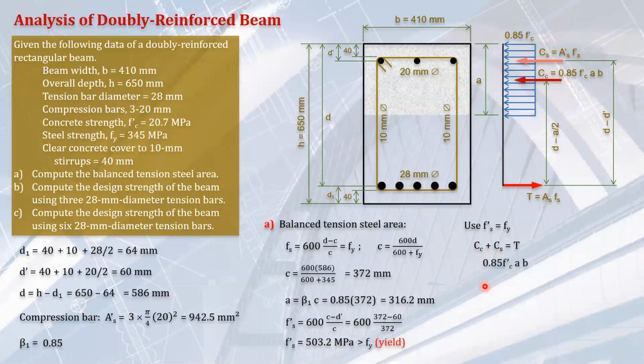Okay. Ito yung ating CC. CS natin is AS prime Fy. Na-prove na natin na mag-yield yung compression bar. Ang T natin ay AS balance times Fy. Ang after tayo sa AS balance. Okay? So yun. Subject na lang yung formula, values nila, masosolve natin yung balance steel area. 7554.